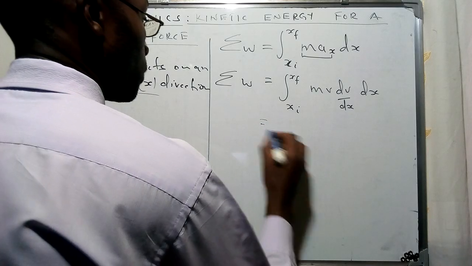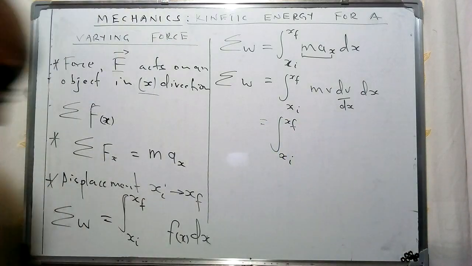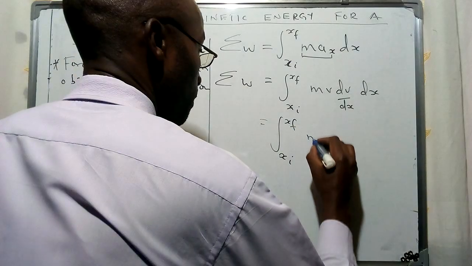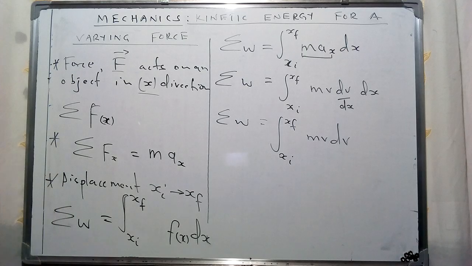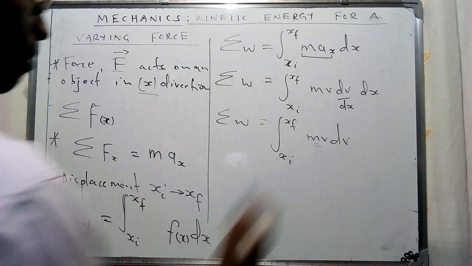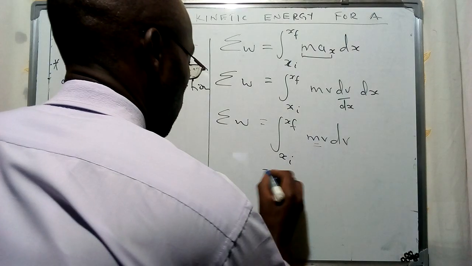So still this is going to be given from x initial to x final, as m v dv. In our further evaluation, we consider that mass is constant, and therefore we're going to take it out of the integral sign.